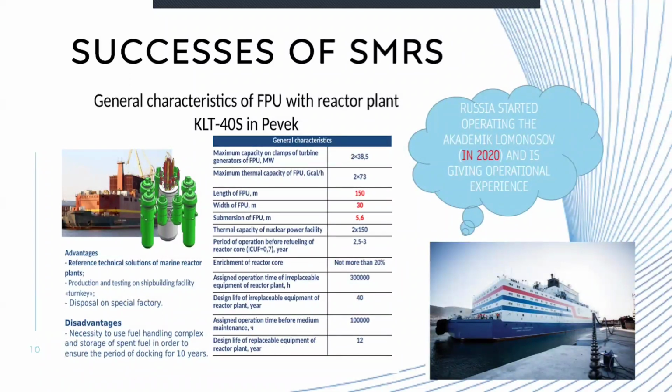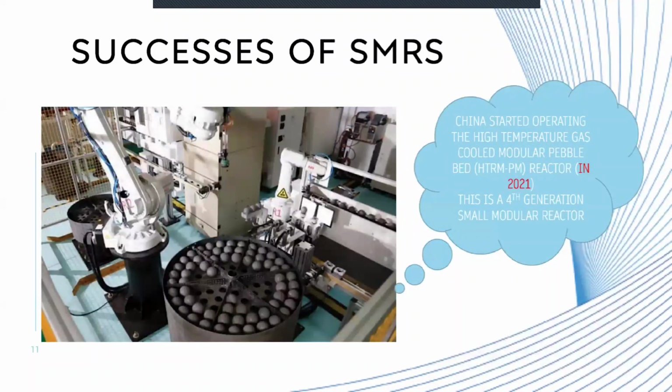Secondly, to the next slide, China also started operating a high temperature gas cooled pebble bed reactor. This also is classified as a small modular reactor and is the first of its kind.